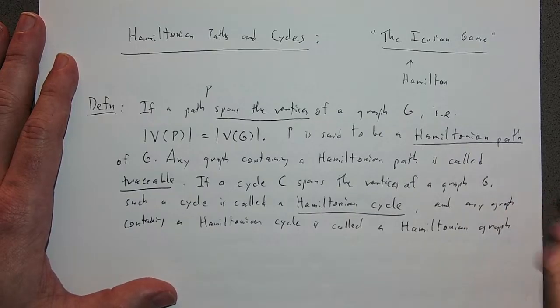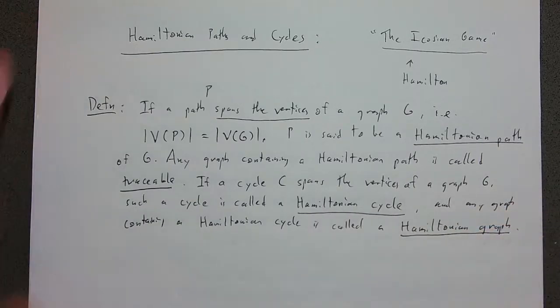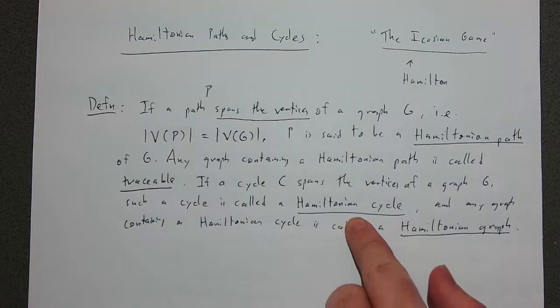Now, we might just say if G contains a Hamiltonian cycle, we would just say it is Hamiltonian, right? That's what we'd say. Now, of course, a Hamiltonian graph contains a Hamiltonian path.